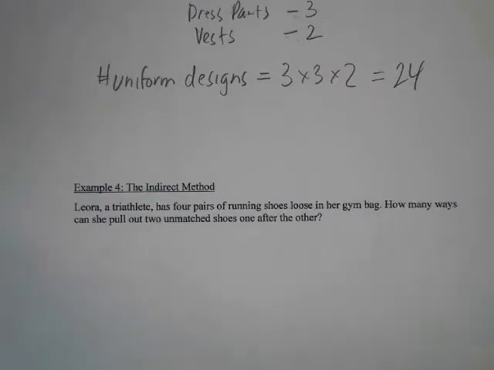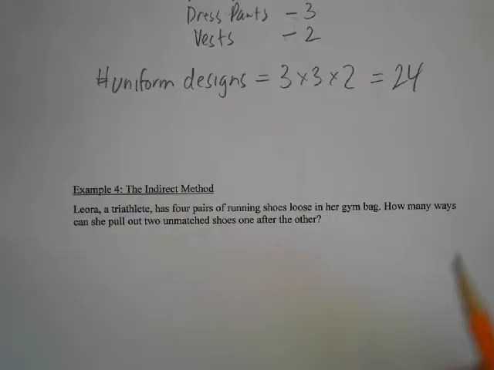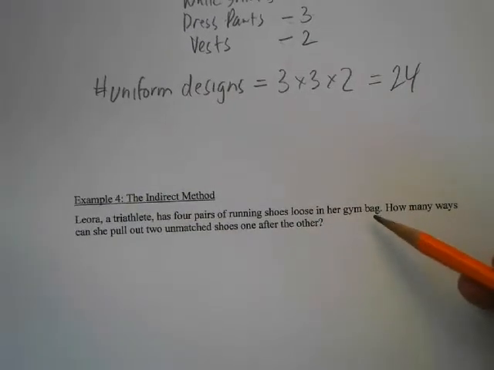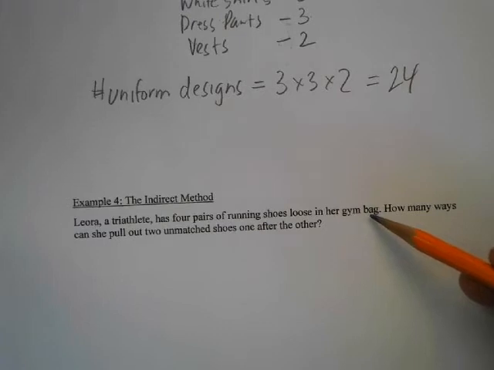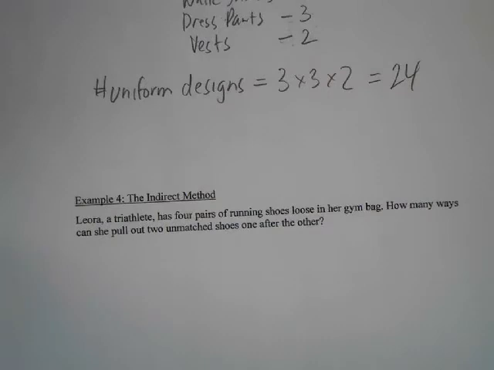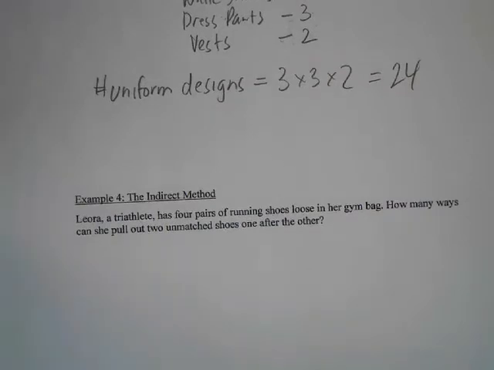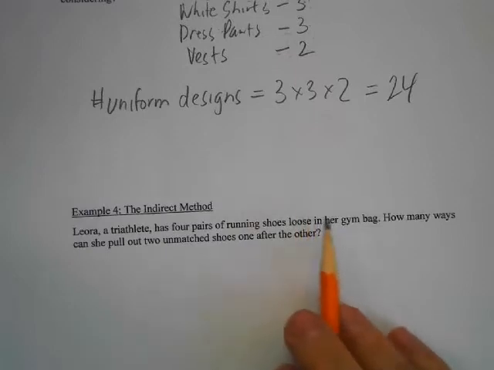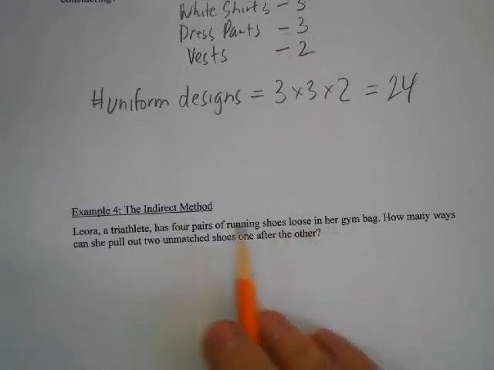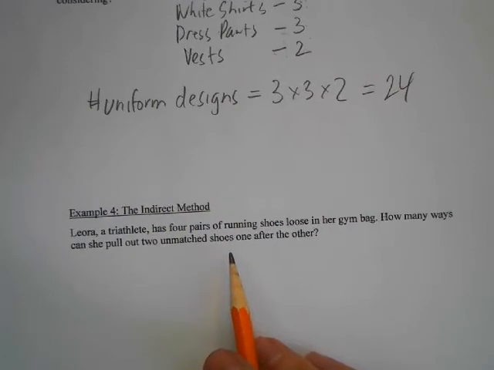So this is basically, she's got her gym bag. It's filled with 8 shoes. The question's asking, how many different ways can she pull out 2 unmatched shoes? So this is quite a bit trickier than the previous questions. Okay, so if you start thinking about using the direct method, which is the way we did before, you have to look at all the different cases, because there's a left and a right shoe.